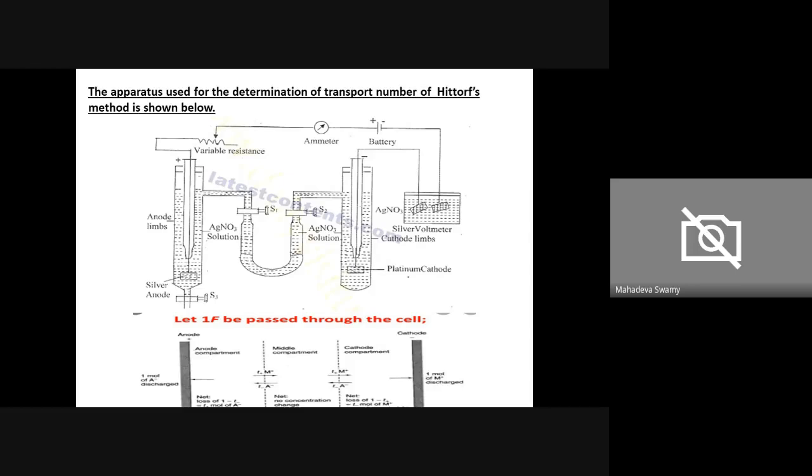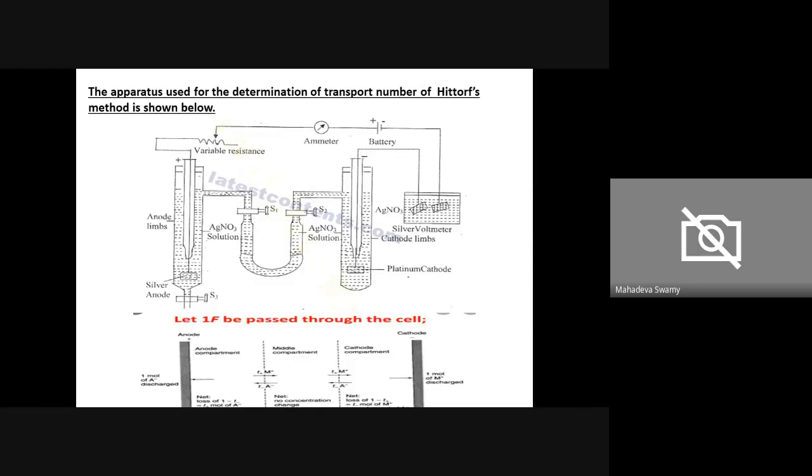Here, let 1 Faraday of current pass through the cell. What type of variation takes place? Just see, we pass 1 Faraday of charge into this setup. What are the variations? This is only for your understanding. Anode compartment, cathode compartment, middle compartment.